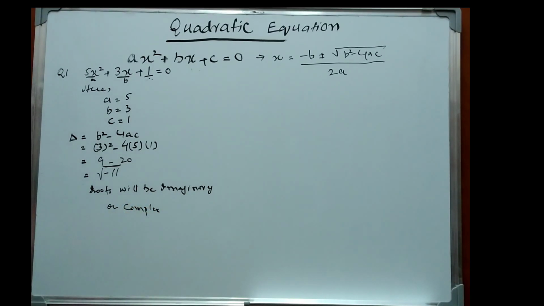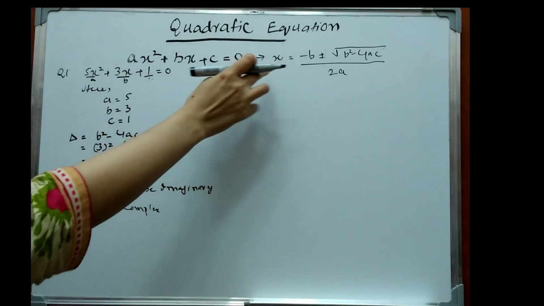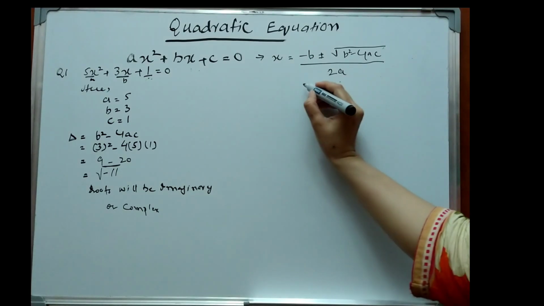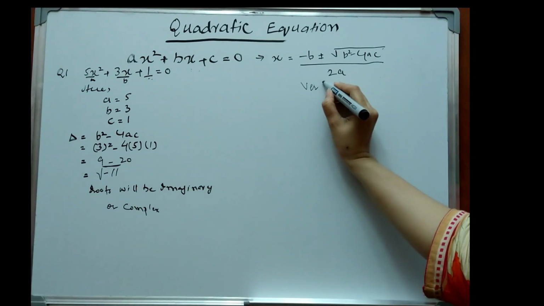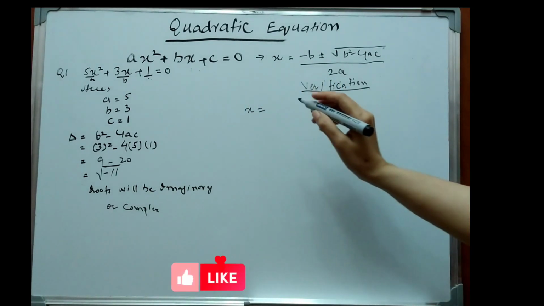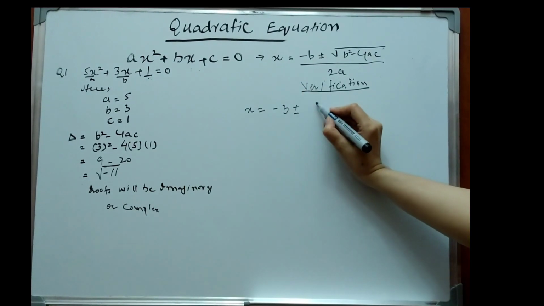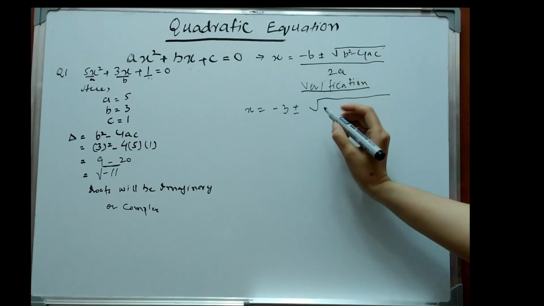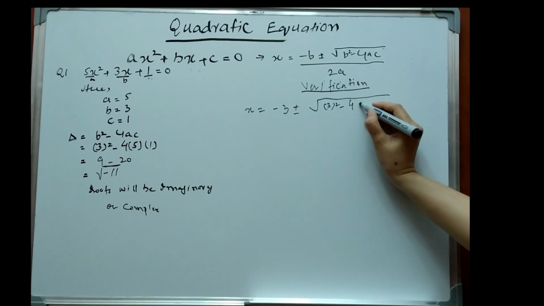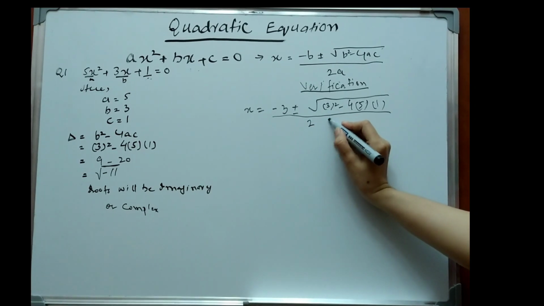Now we will verify the nature of the roots by putting the values in the formula to find the value of x. x equals minus b, where minus b is minus 3, plus minus root of b square, here 3 whole square, minus 4 times a is 5 and c is 1, upon 2a, which is 2 into 5.